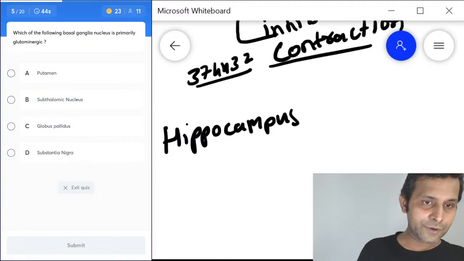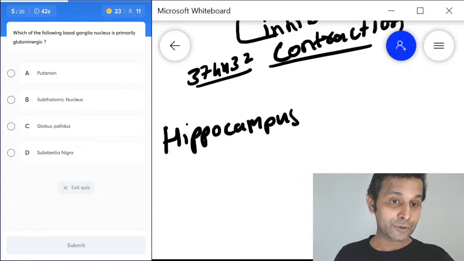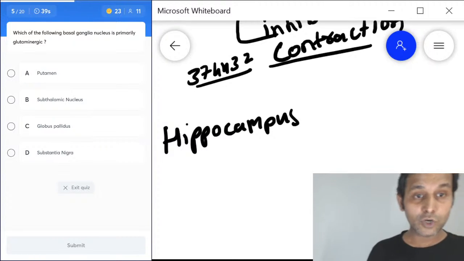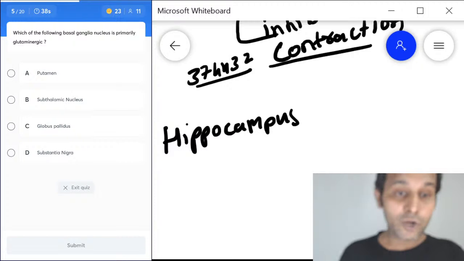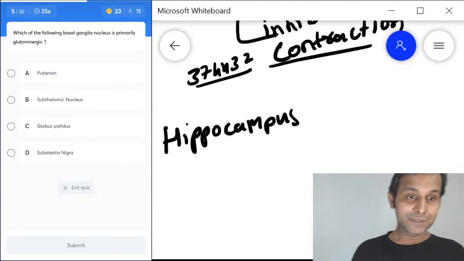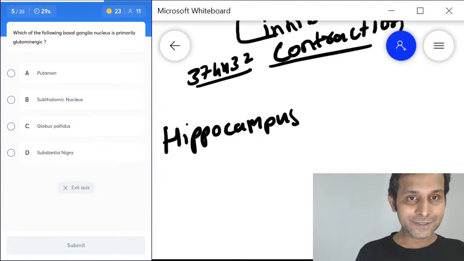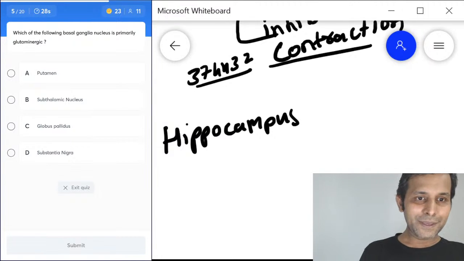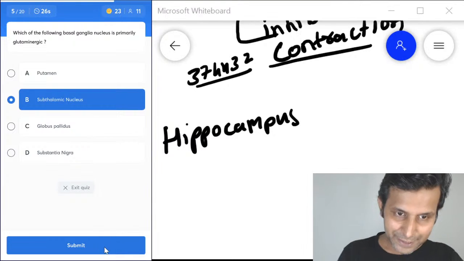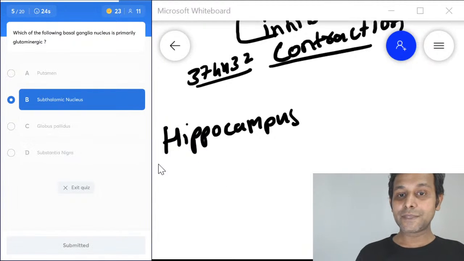The answer is, option A is given as putamen, option B is subthalamic nucleus, option C is globus pallidus, and option D is substantia nigra. The correct answer is yes. Okay, that's very nice. The answer is B, subthalamic nuclei.